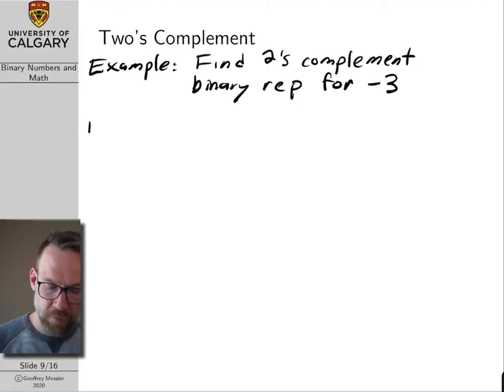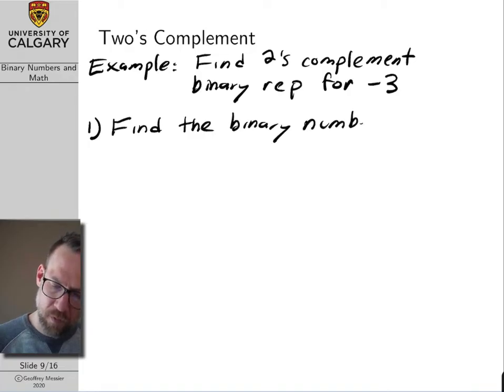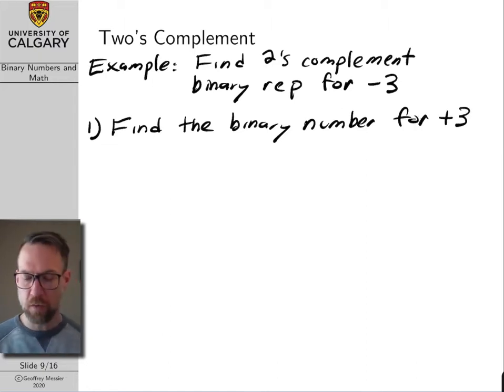And so step 1, find the binary number for positive 3. Right? So take your magnitude, or another way is like find the binary representation for your magnitude. So negative is the sign, but 3 is the magnitude.